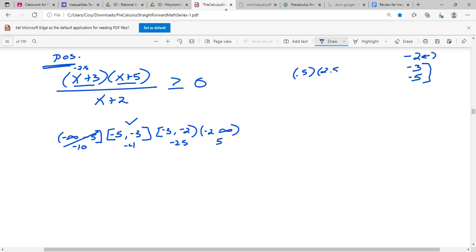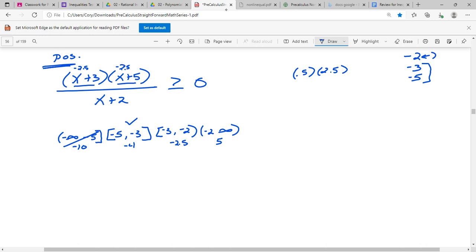And then 5 minus 2.5, because negative 2.5 would be positive 2.5.